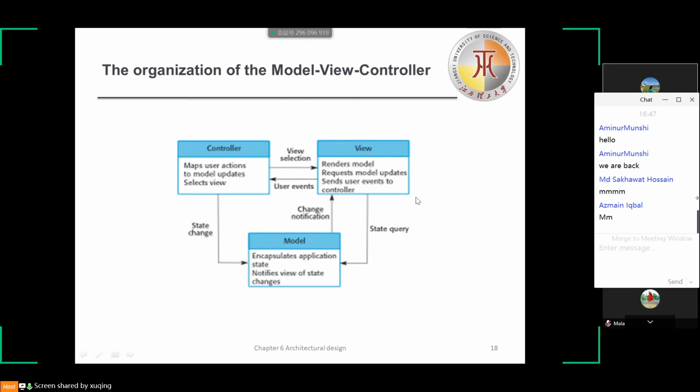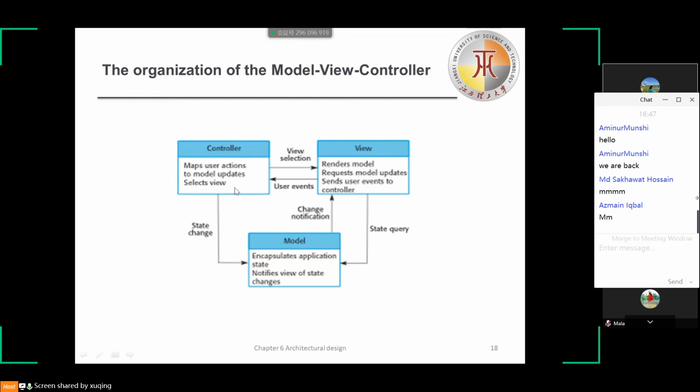The view component defines and manages how the data is presented to the user: it renders the model, requests model updates, and sends user events to the controller. Then the controller component manages user interaction, maps user actions to model updates, and selects views.